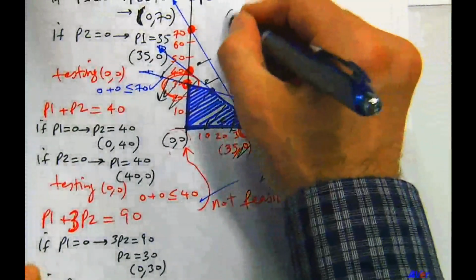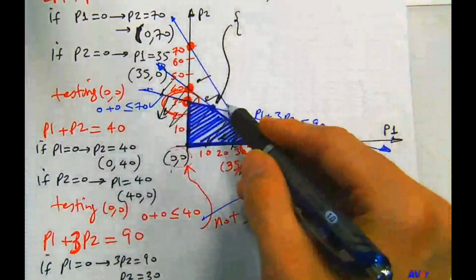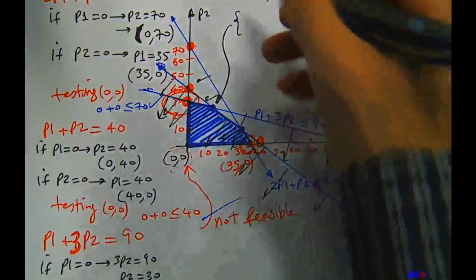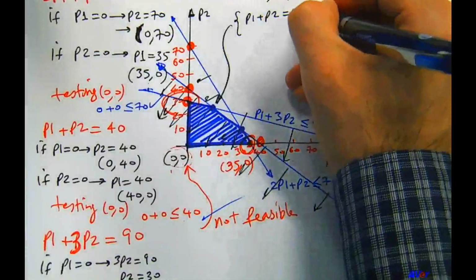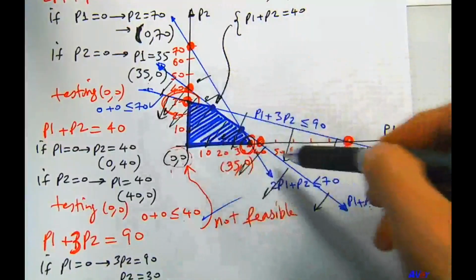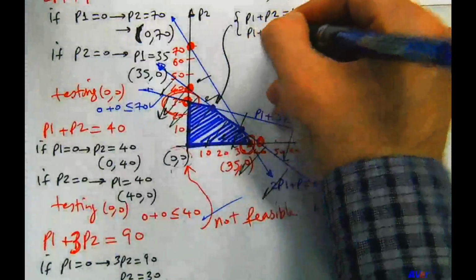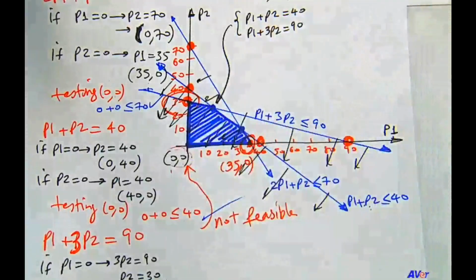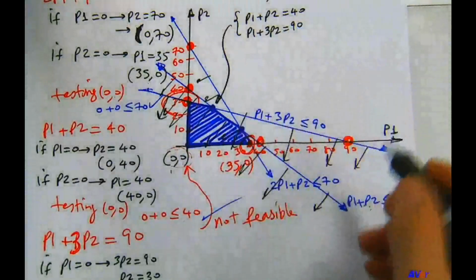So that point, this one, is the intersection of 2 lines, P1 plus P2 equals 40, and the other line, which is P1 plus 3P2 equals 90. That's one of the systems we need to solve.